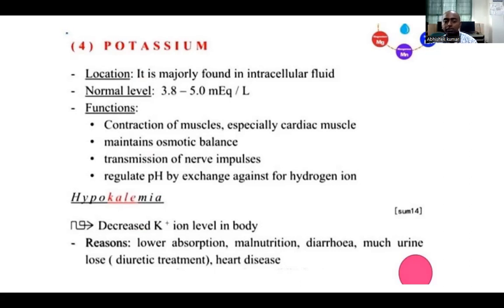Hypokalemia is the disorder when potassium ions decrease in the body.